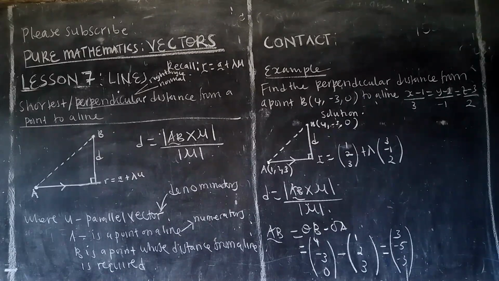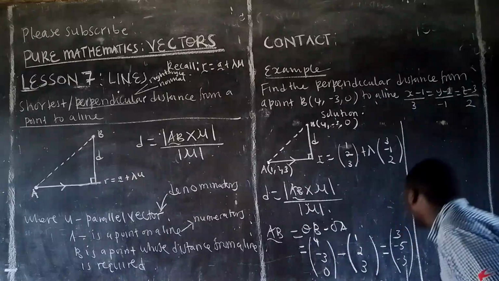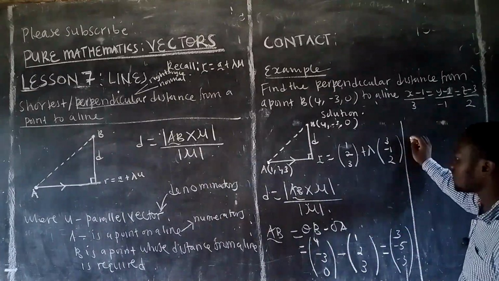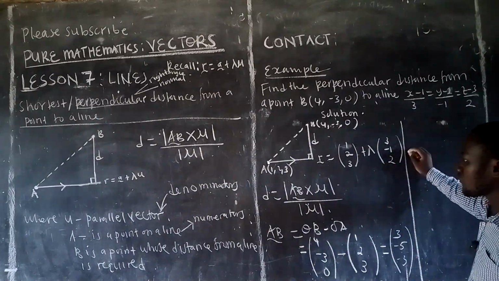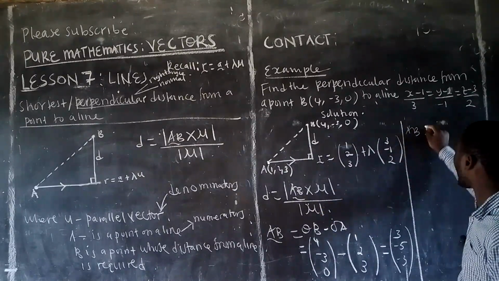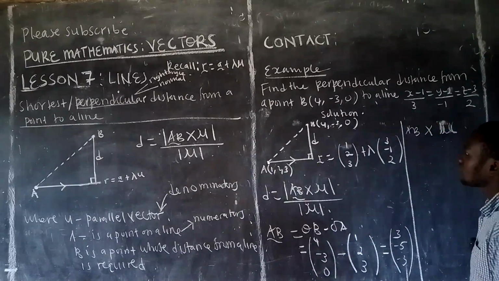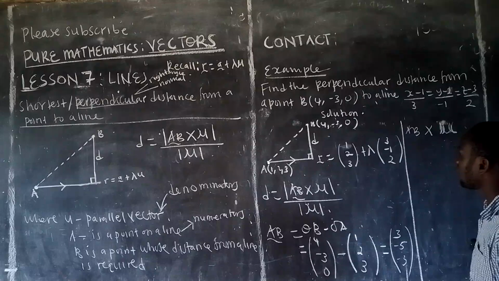I can even use that small space which is remaining there to see the way forward. Allow me to use this space here. So you realize that now, we need to cross. AB cross mu. What will be our mu?